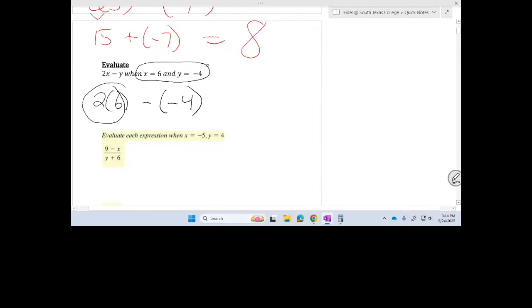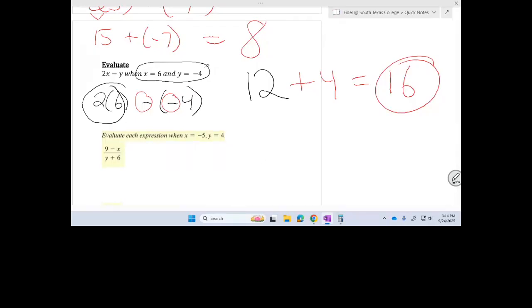Look, y'all, 2 times 6, 12. Y'all, when we were here last week and we did some of this stuff with the minuses and everything, anybody remember what happens when you have minus? Positive. Good. +4. 12 plus 4, y'all, should just be 16, right? And you got it.